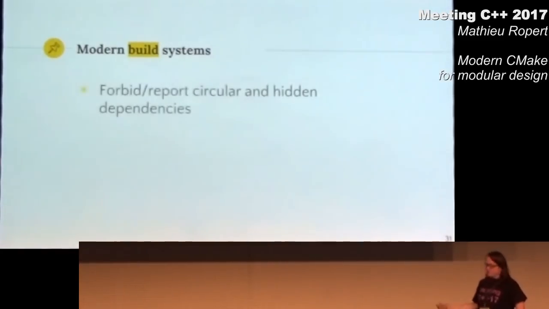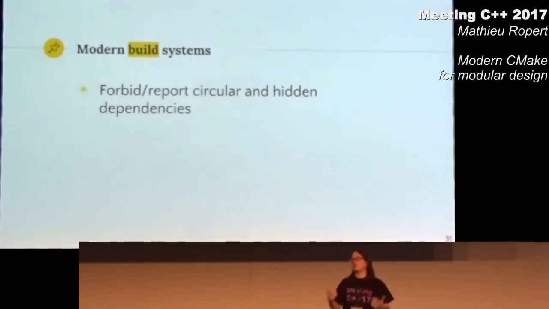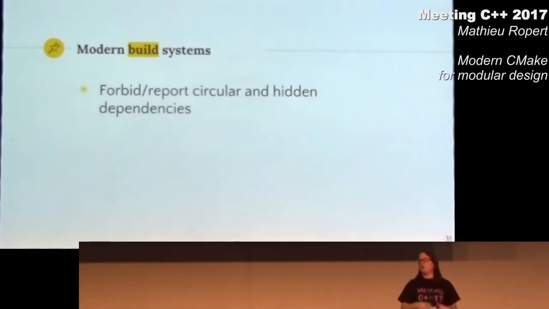So a modern build system will forbid you, or at least report problems like circular dependencies, because you actually talk to it in terms of dependencies and not of flags, so it can reason about it and do some trivial analysis to tell you that something you're doing is not good.